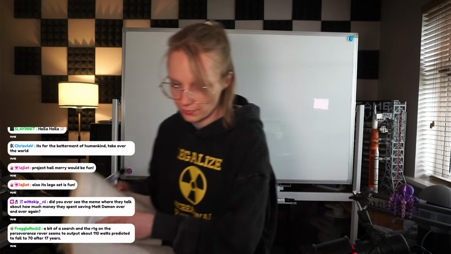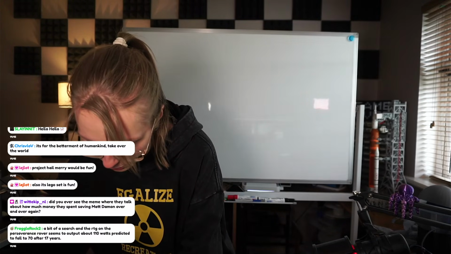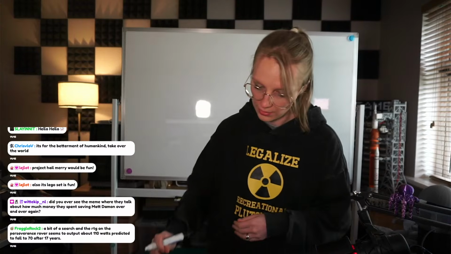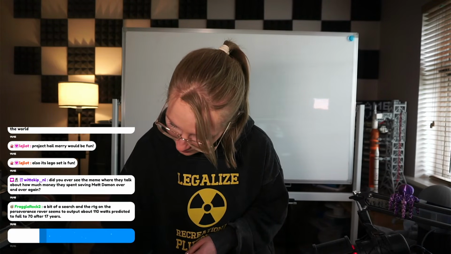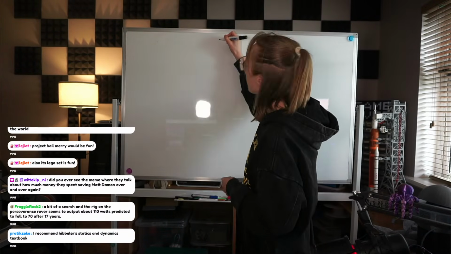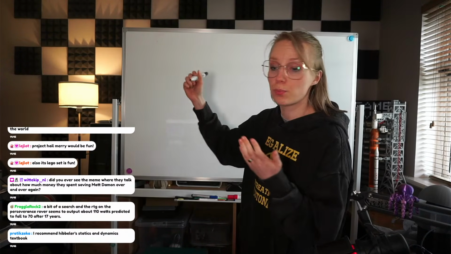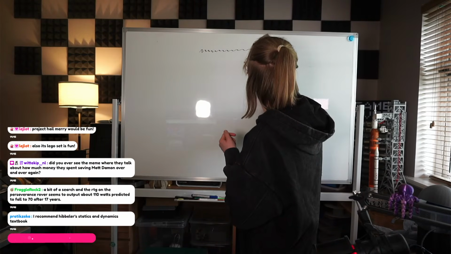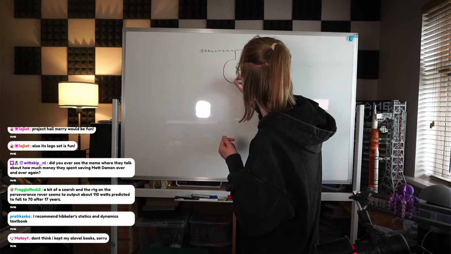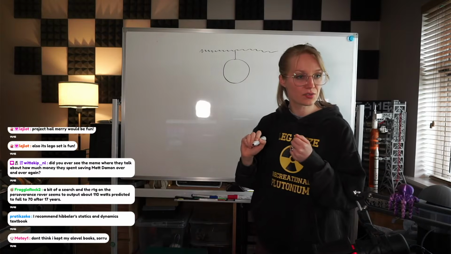So here we go. I have one simple pulley problem, just to determine a few things. So first of all, a lot of people are asking, what is a pulley problem? Well, a pulley is a system like this, right?